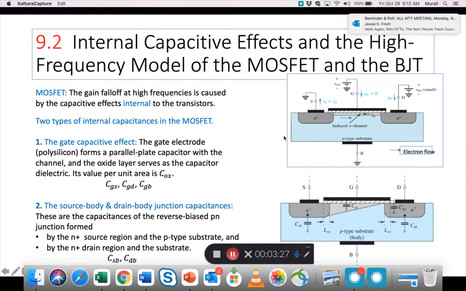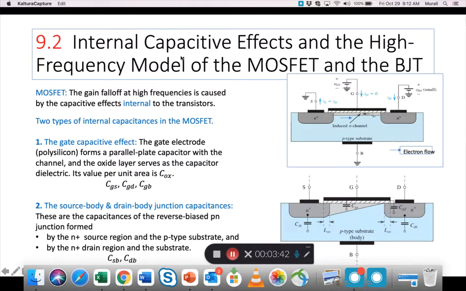So here we start to look at the internal capacitive effects and the high frequency model of the MOSFET and the BJT.